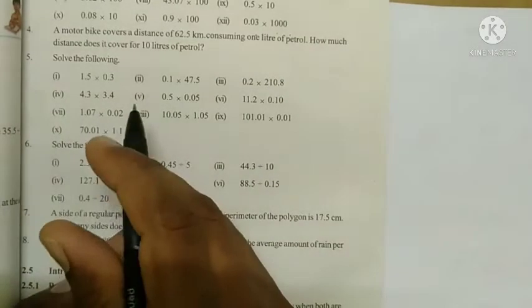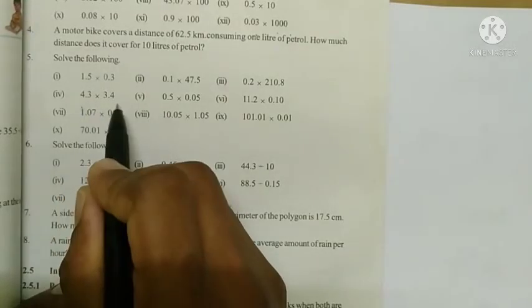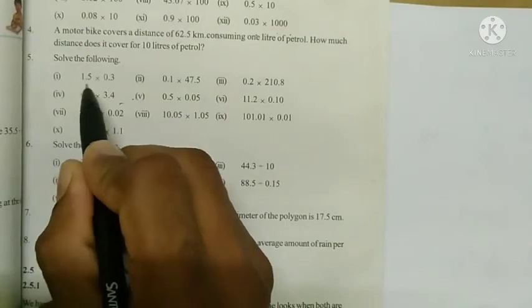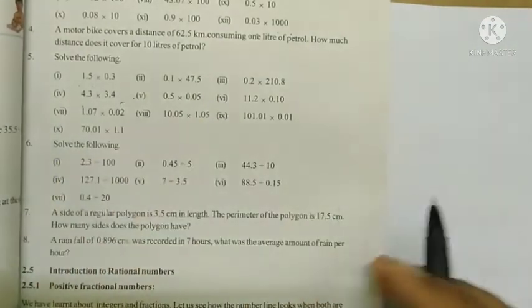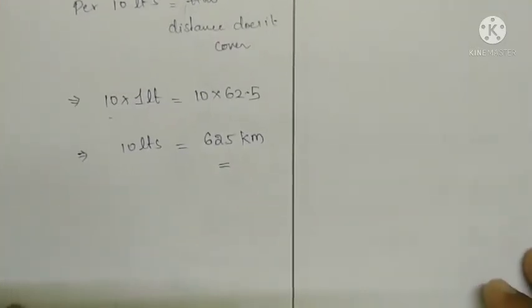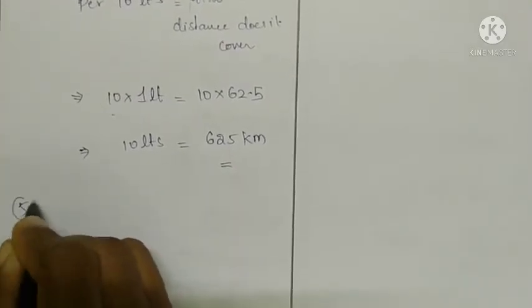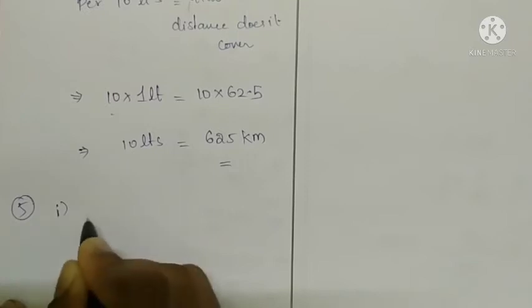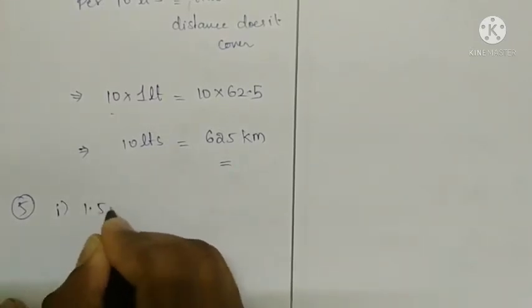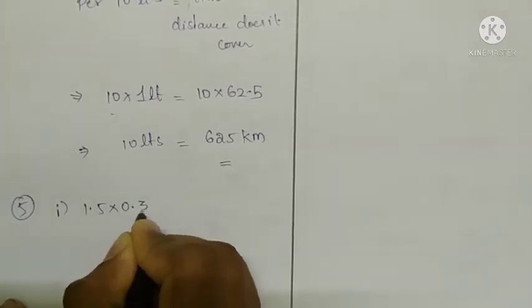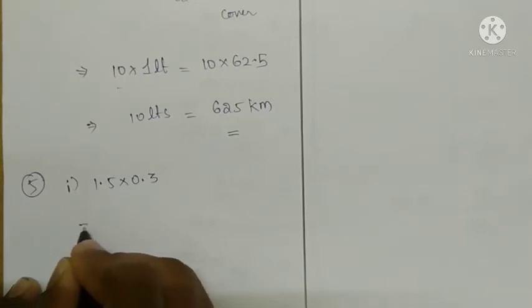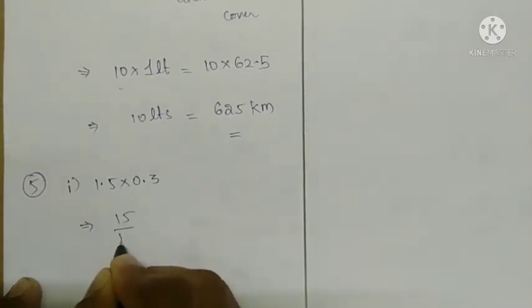This is the multiplication of decimal by a decimal number, right? So, this is first question 1.5 into 0.3. Fifth Roman, first question. So here 1.5 means, so that is equals to 15 by 10, right?